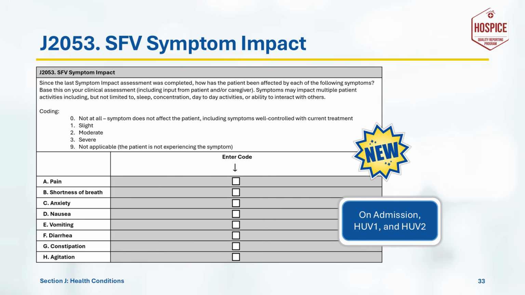J2053 symptom impact is only completed if a SFV is required to follow up on any moderate or severe symptom or symptoms identified in J2051. If there is no symptom impact of moderate or severe symptoms, this would be skipped.